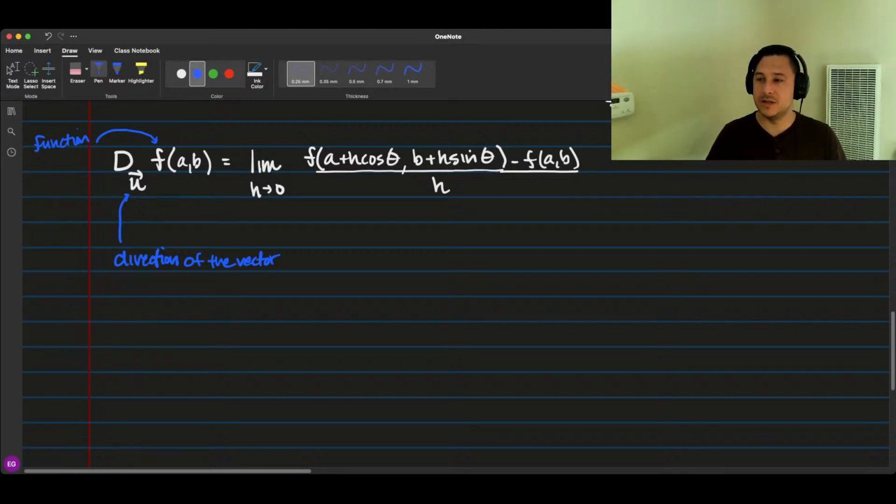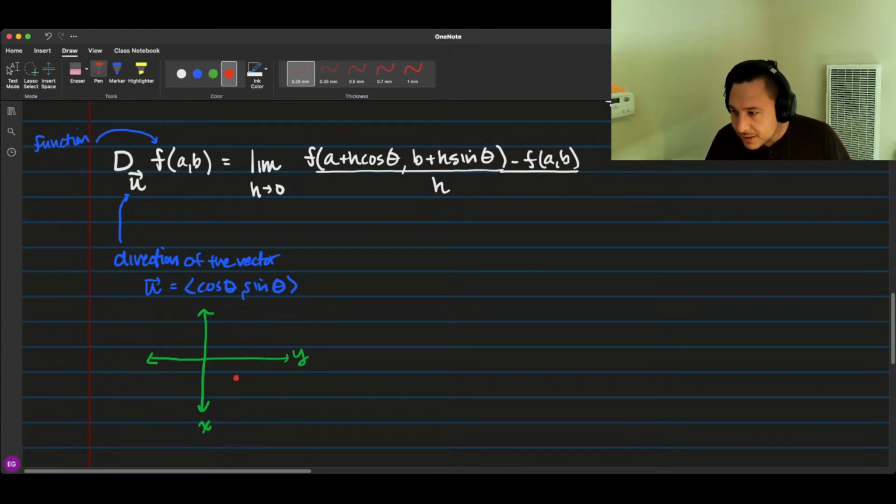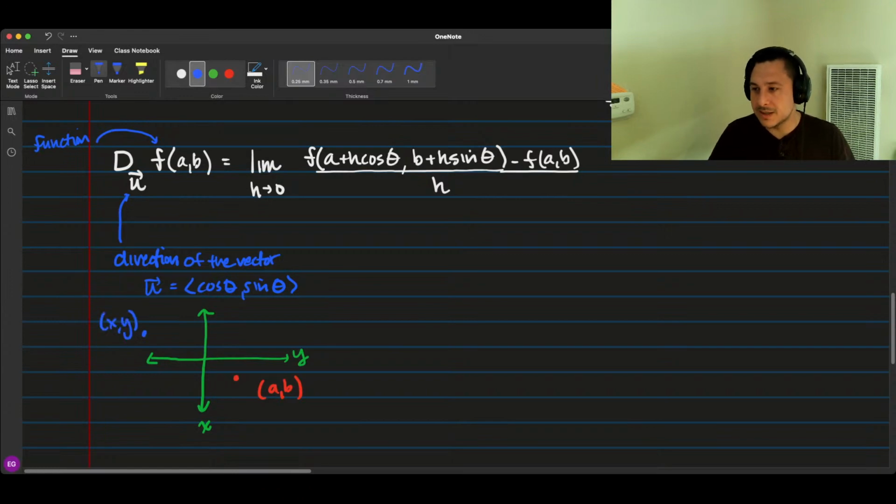Okay, so remember that the direction vector u is defined to be (cosine theta, comma, sine theta). And how did we come up with that? Well, you basically imagined that this is your xy plane, and you had that starting point, (a, b), and that ending point, (x, y), and you wanted to figure out the direction from one to the other.